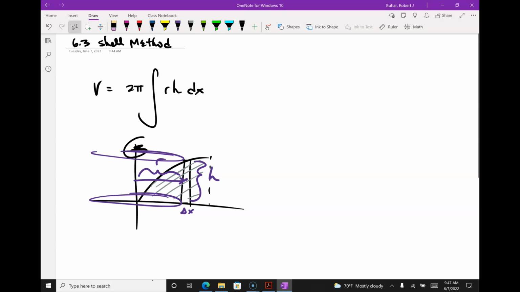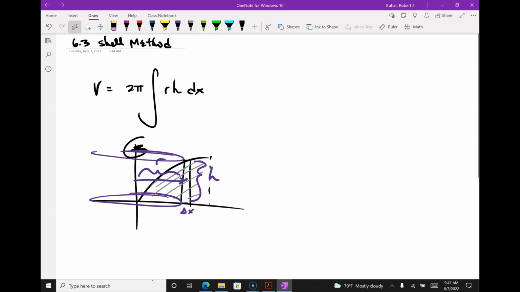I actually think this one might be a little bit easier, but you're going to be doing them interchangeably. Sometimes you'll have to use a disc, sometimes a shell, sometimes you can use both. It's a nice challenge to find one where you could use both.